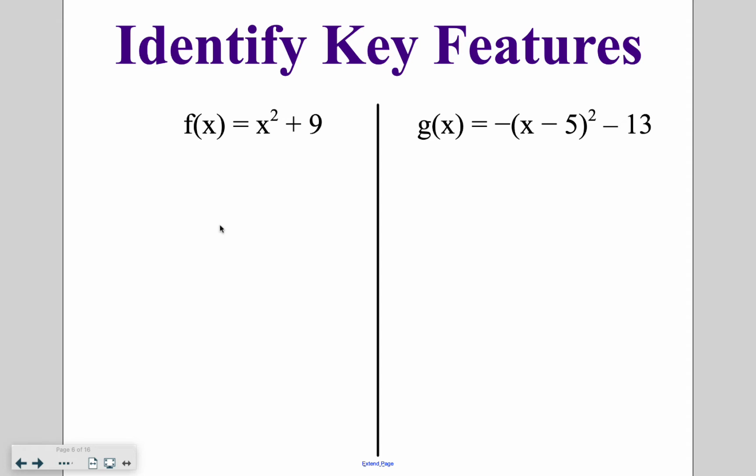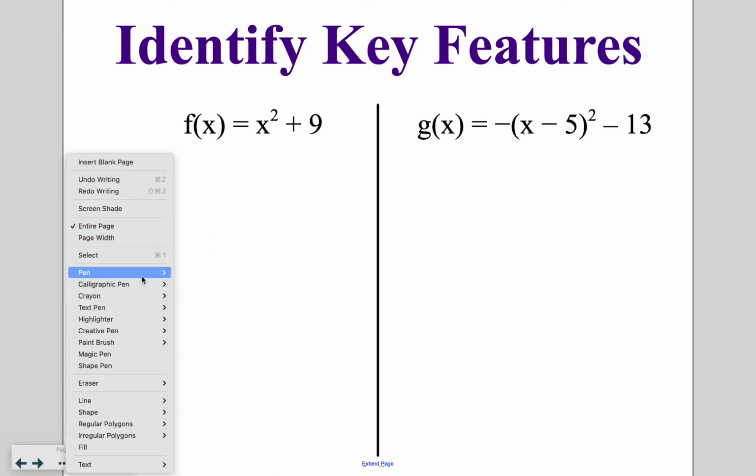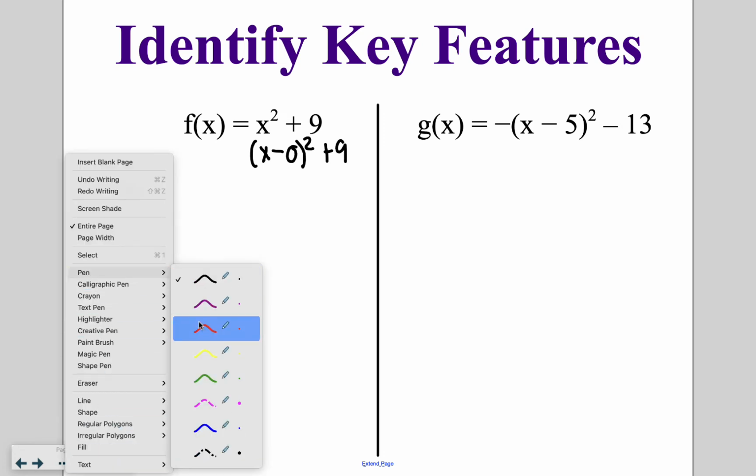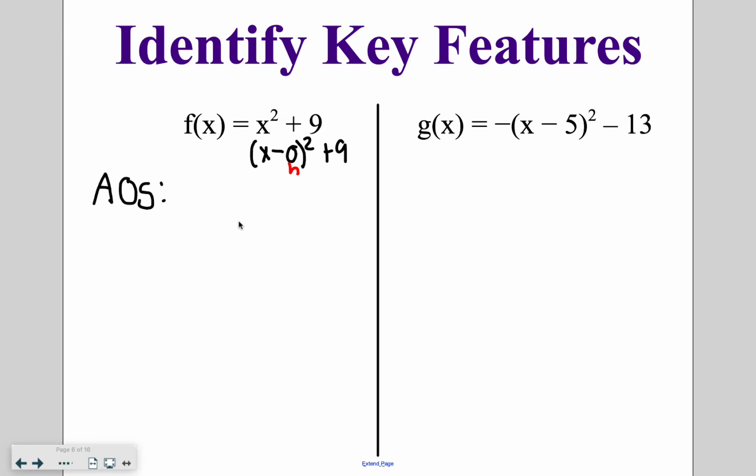When you do this, the first thing that you are going to look to find is always your axis of symmetry. I'm going to abbreviate that to AOS. Right now, we are written in our vertex form of the problem. So I've got x. There's nothing in that parentheses part, so that means it's x minus 0 squared, and then plus 9. So your h value, the value associated with x, is 0, meaning that your axis of symmetry is at x equals 0.